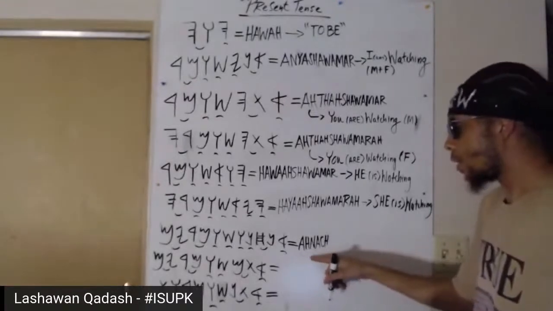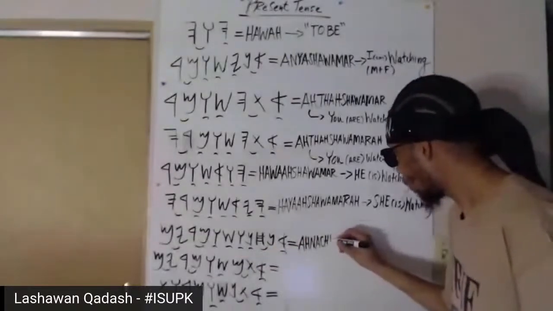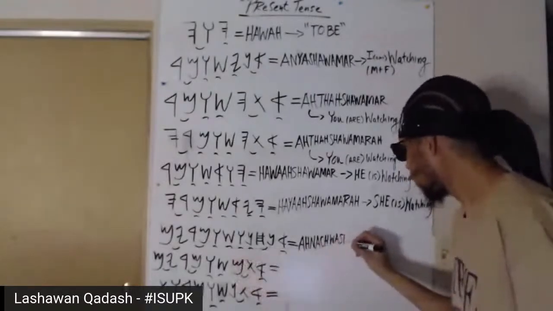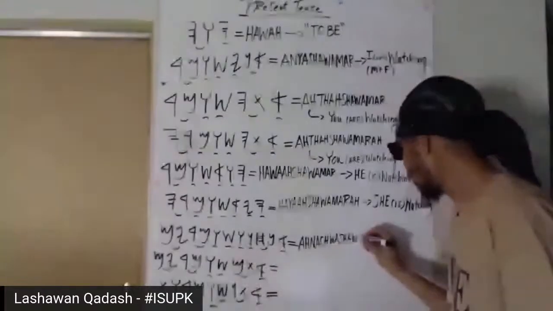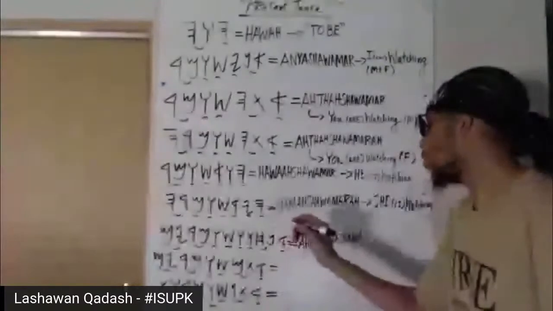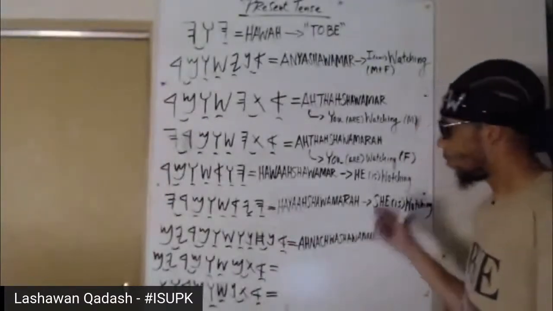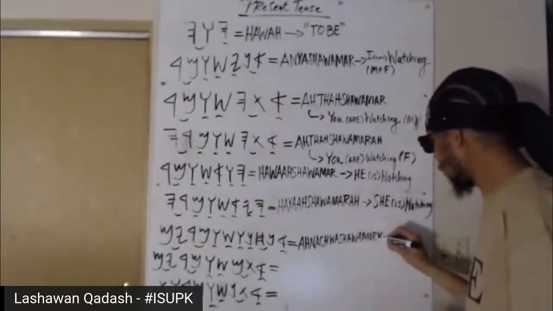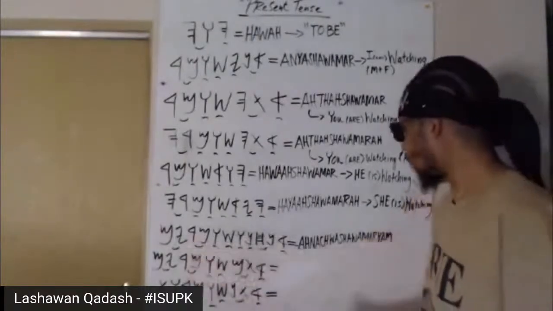So, nak, wa, W-A, sha, wa again, mar, ma and ra, and then the ya and the ma.